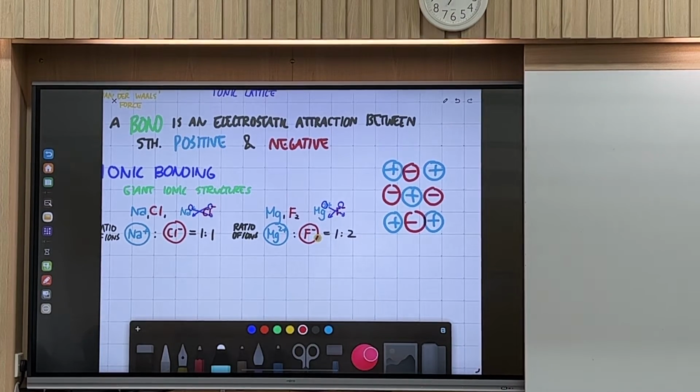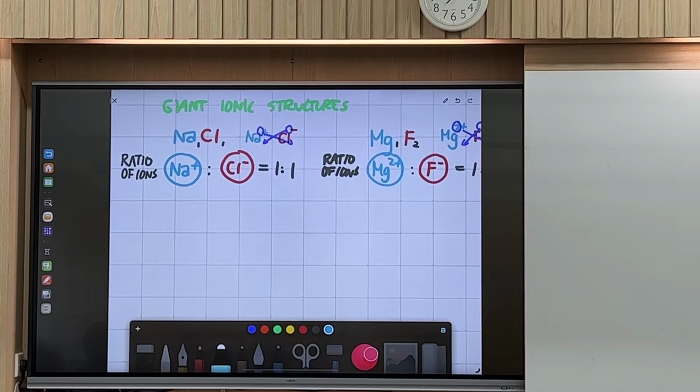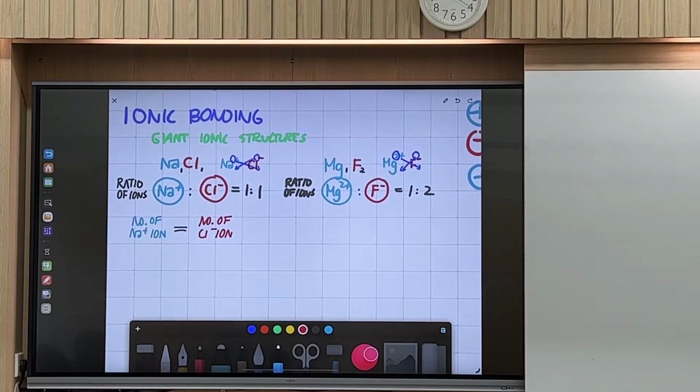So F-. Can you write down that the number of Na+ ions is equal to the number of Cl- ions on the left. But when it comes to MgF2, it's not the same. We say the number of Mg2+ ions, when you double that, would be equal to the number of F- ions.